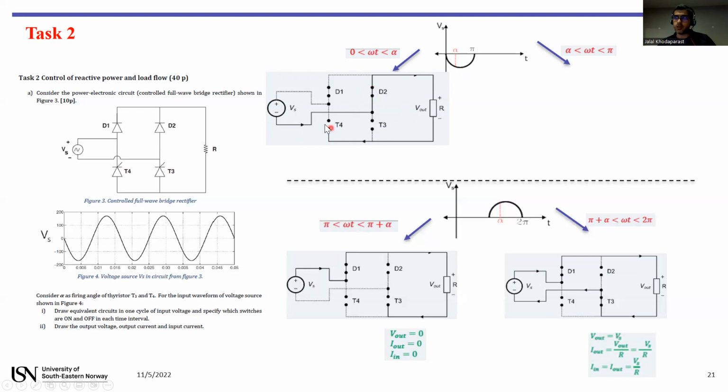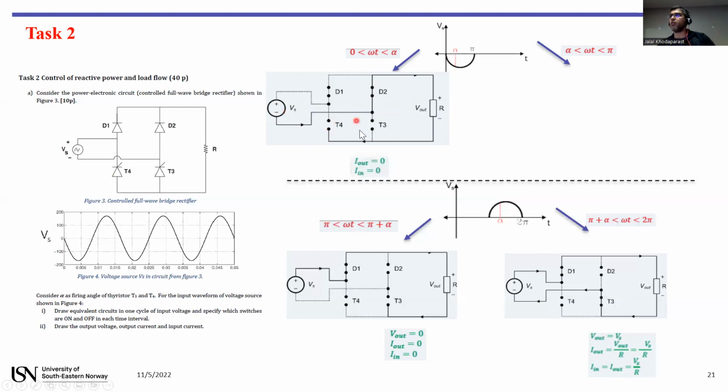On the opposite side, this should be on as well. However, it's the thyristor, and it will need a triggering signal. During this period from 0 to alpha, there is no triggering signal, so it will be turned off.